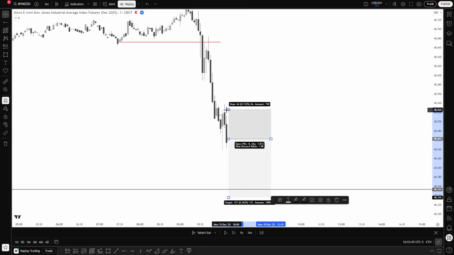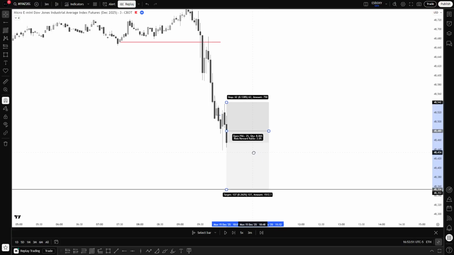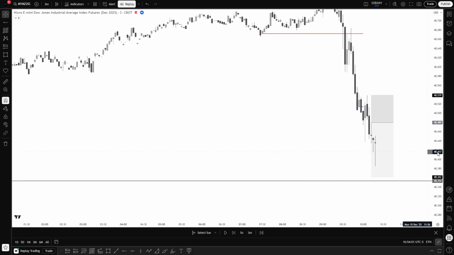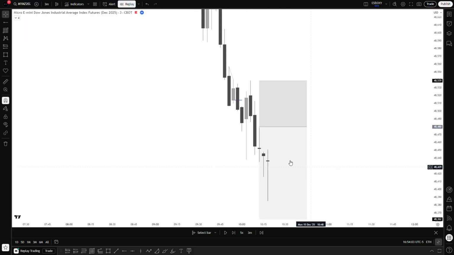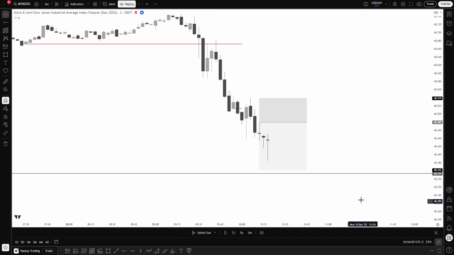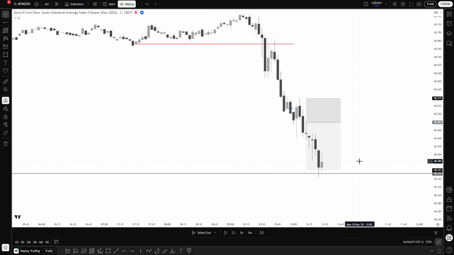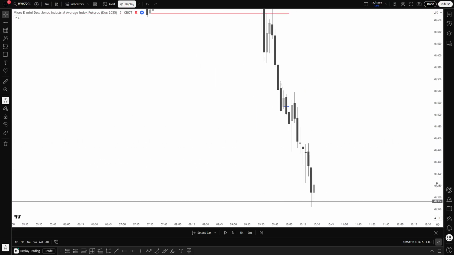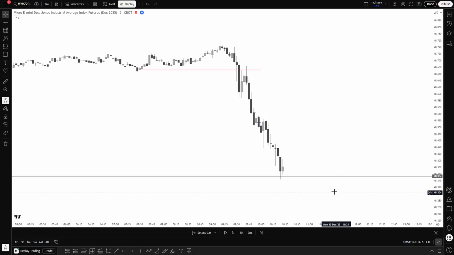The stop I have to move up to here. That'd be not true. Right. I would have barely missed my entry. I would have expanded lower, which would be very annoying, but nevertheless, that would have been true.